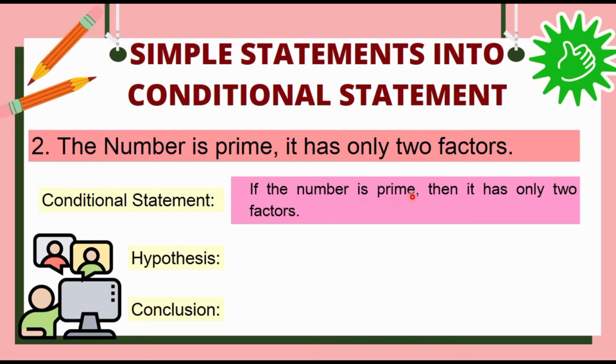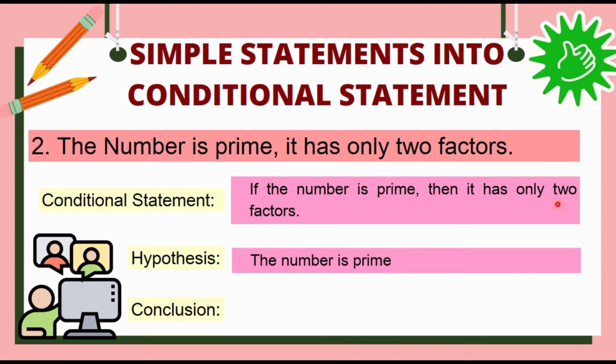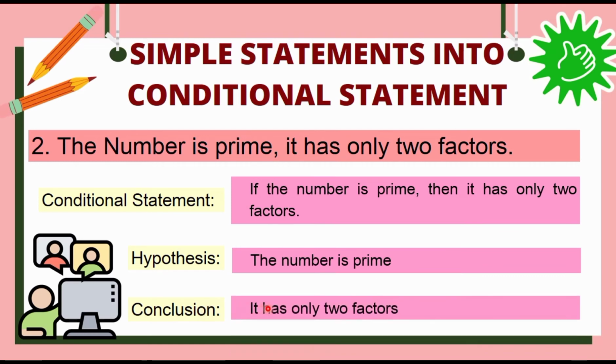Ang prime number, ang factors niya ay 1 and the number itself, kaya siya ay 2 factors. What do you think is our hypothesis? The hypothesis is the number is prime. How about our conclusion? It has only 2 factors. So that is the conditional statement, hypothesis, and conclusion of example number 2.